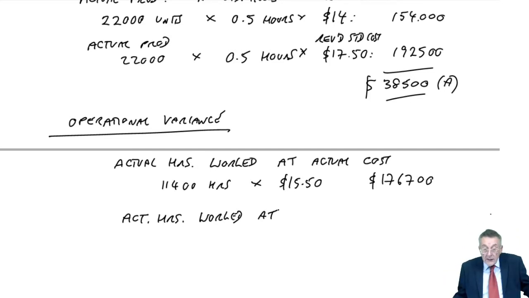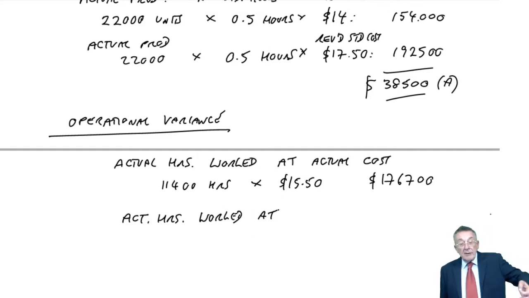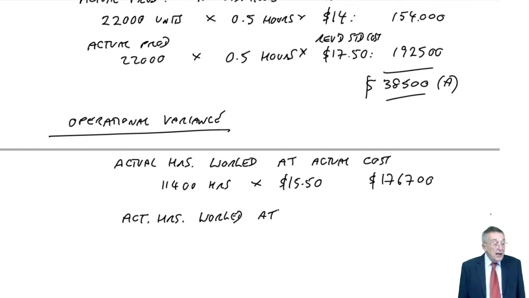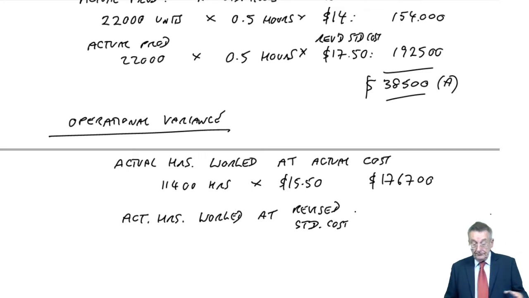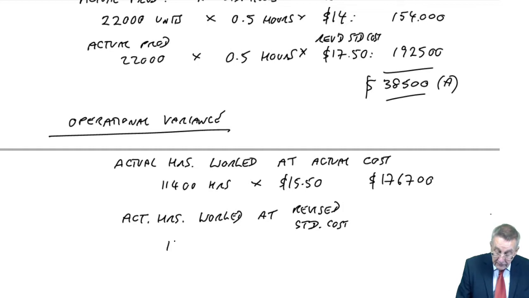But the one difference, and if you've understood me at all, I think very easy to remember, is that having revised the standard cost and saying a better standard is that 17.50, it's actual hours worked at revised standard cost. So 11,400 worked. The revised cost, we expected to pay 17.50 now.